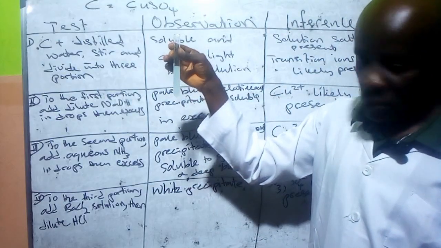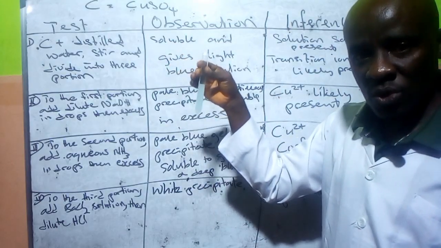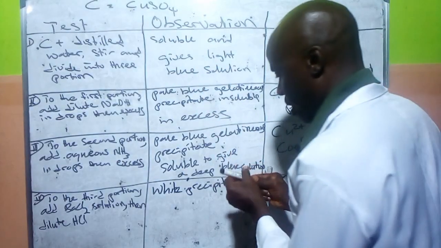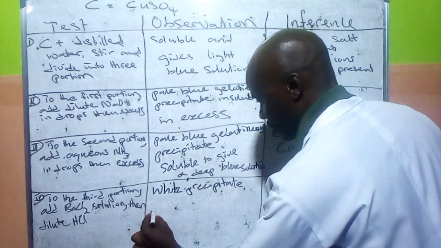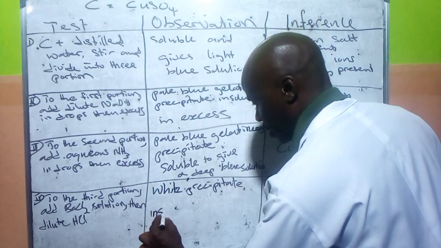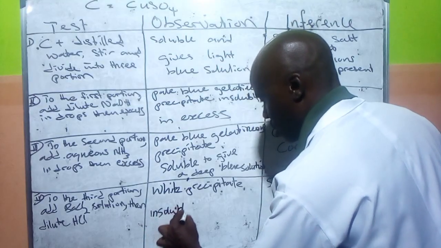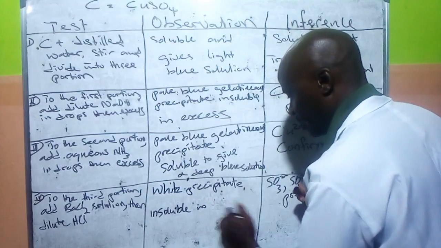The white precipitate still remains with hydrochloric acid. What does it indicate? In our observation, we can say a precipitate insoluble in dilute HCl.